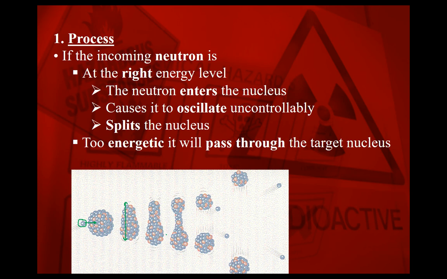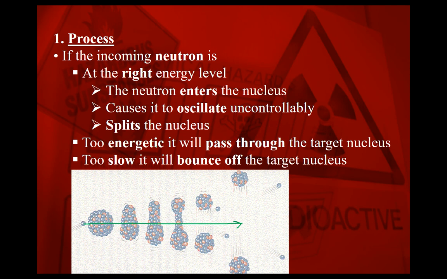However, if your incoming neutron is too energetic, it'll actually just zip right through. It won't do anything at all. So too energetic is not going to be good. And also, if it's too slow, instead of just zipping straight through, it would actually just bounce back.